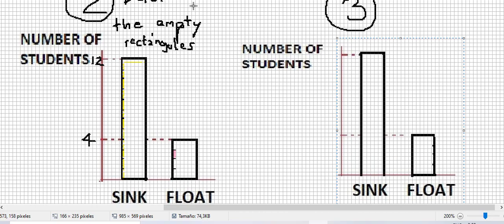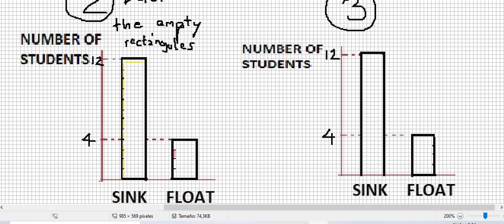Remember, write the number of each bar, the amounts of students with these opinions. Four students gave the opinion that the jam jar is going to float, and in the sink, you get 12 students with the opinion that the jam jar is going to sink.